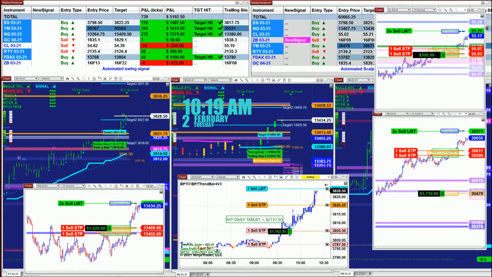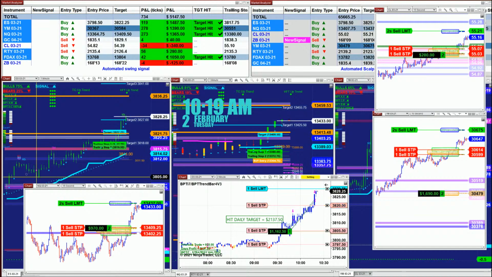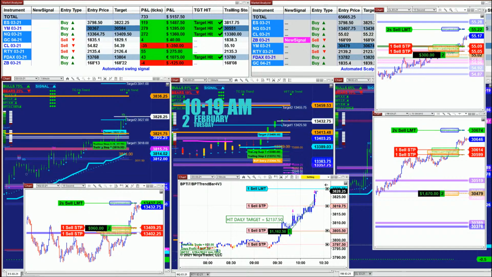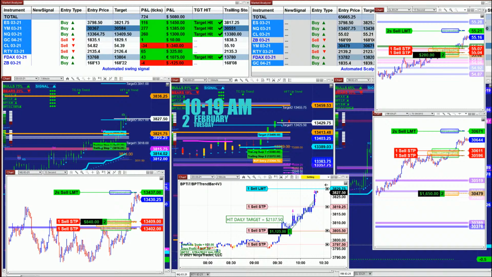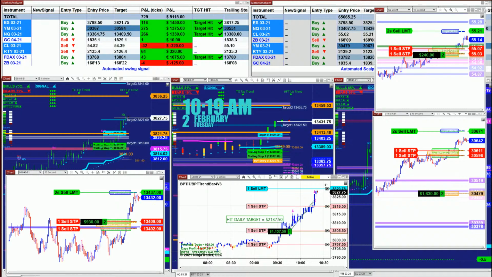Also, the Nasdaq target is playing, going back and forth. If you notice on the Nasdaq, it is trying to grab as much as it can out of that trend. And we still have one trade on the ES.